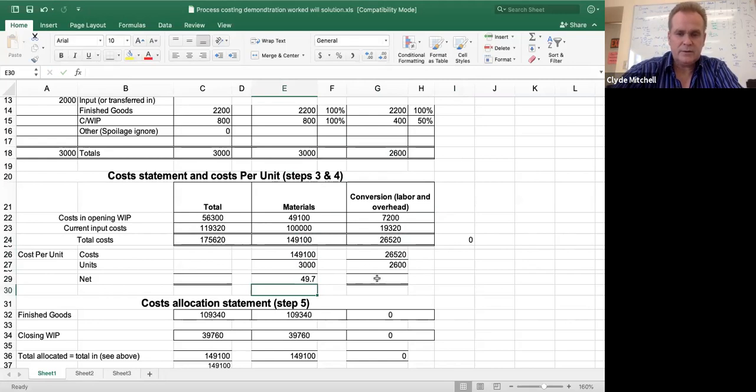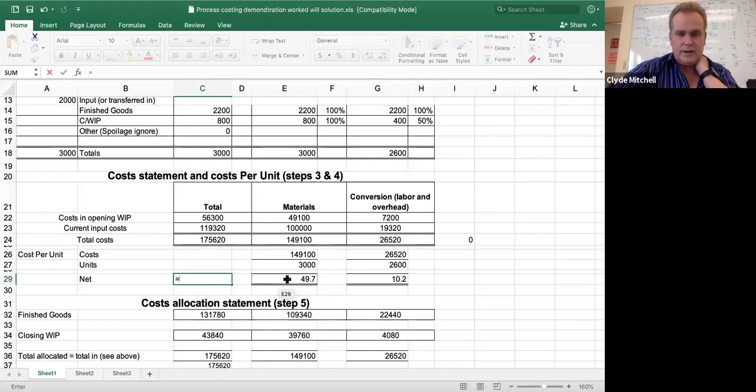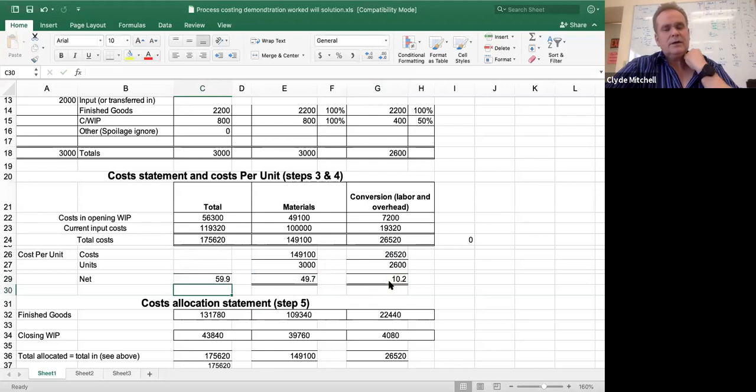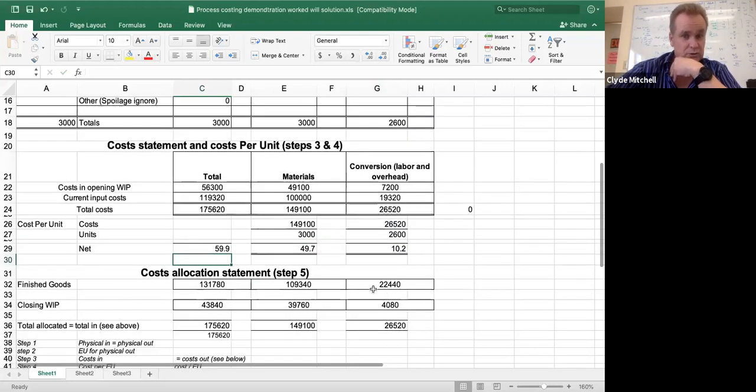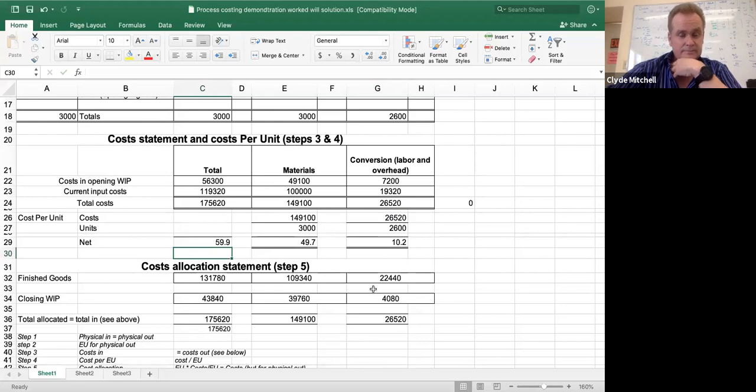Divide the cost by the units. 10.2. And if we had a fully completed unit, it would have the 49 plus the 10.2. Now again, I should point out, in real life, you don't get nice round numbers like this. But in a test situation, if you don't get round numbers, then chances are you have made a mistake.